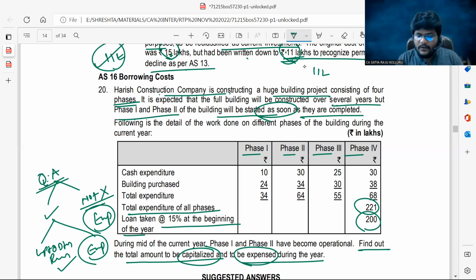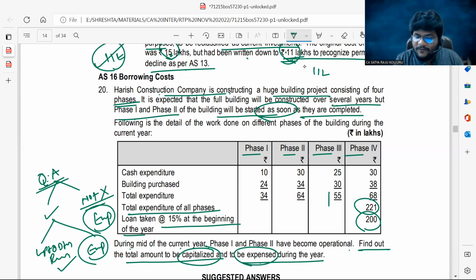Now the further information is that during the mid of the current year, phase 1 and phase 2 have become operational. Find out the total amount to be capitalized and to be expensed during the year. One thing is sure, guys.